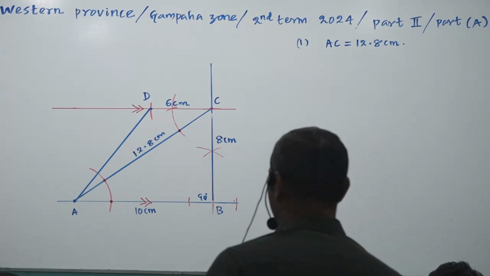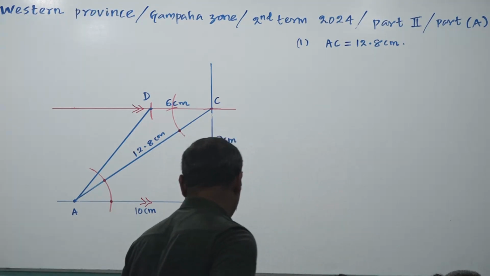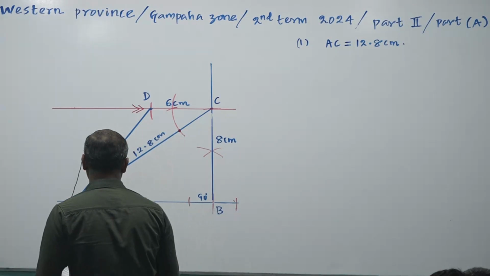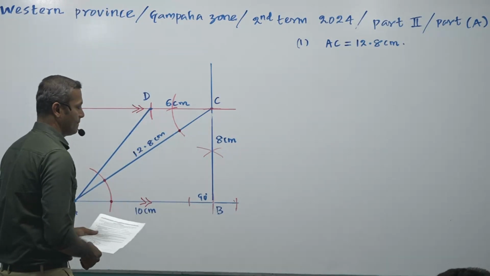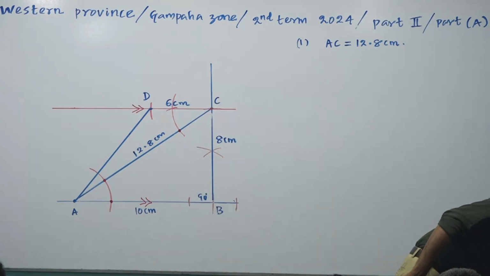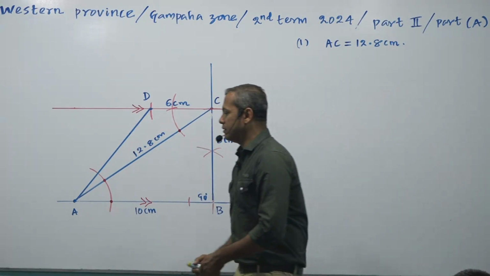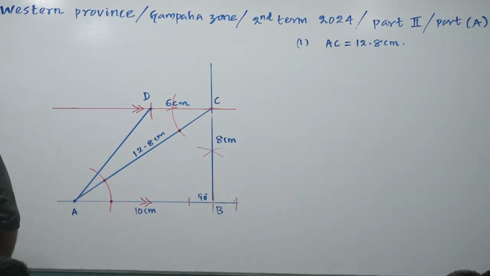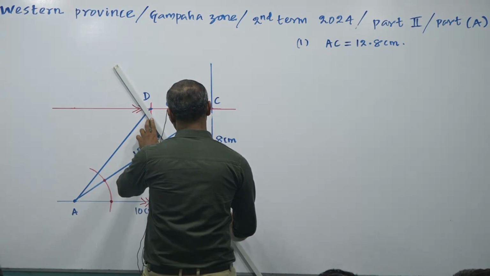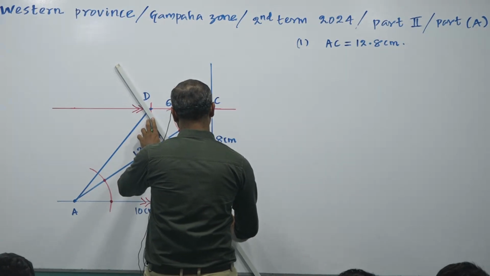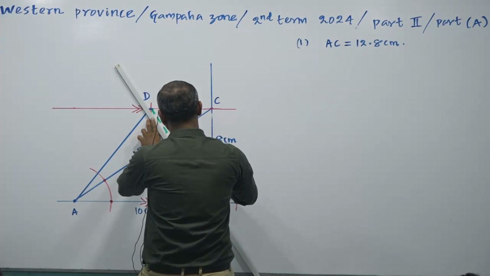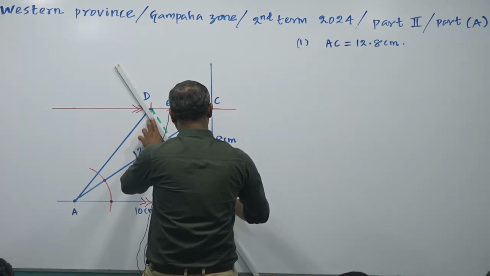Write the reason for AB equals BD. Why must AB be equal to BD? Once we join this, look at here.